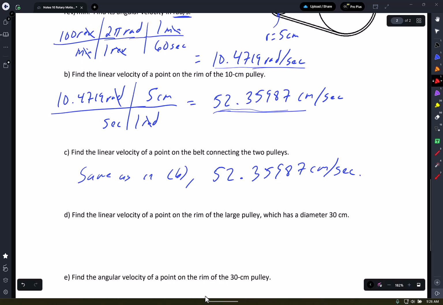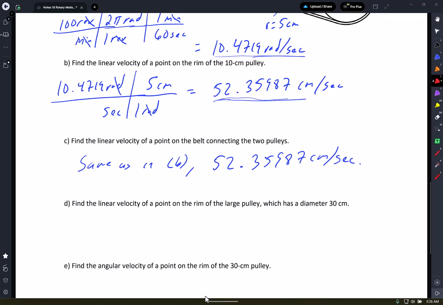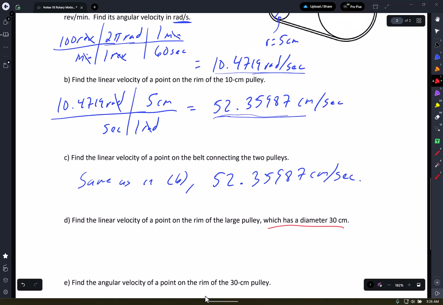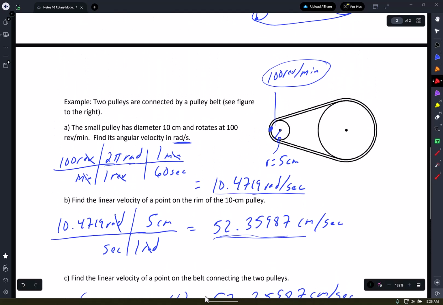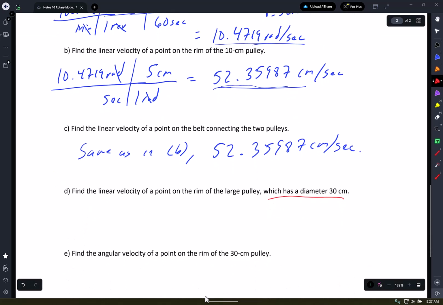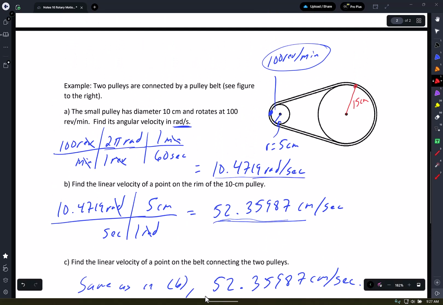All right, letter D. Find the linear velocity of a point on the rim of the large pulley. Okay, now they tell me the diameter of that, which is 30 centimeters. So that means the radius is how much? 15 centimeters. So there it is, 15 centimeters. Find the linear velocity of a point on the rim of the large pulley. Because of the belt, what is the linear velocity?